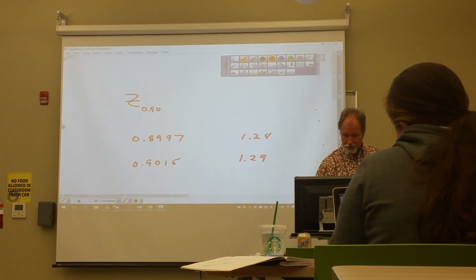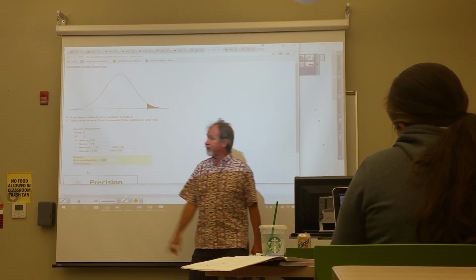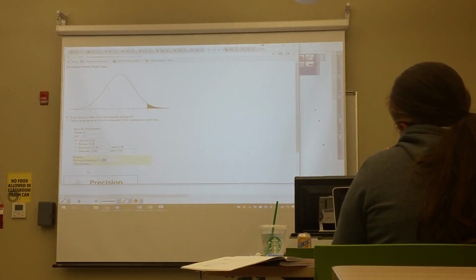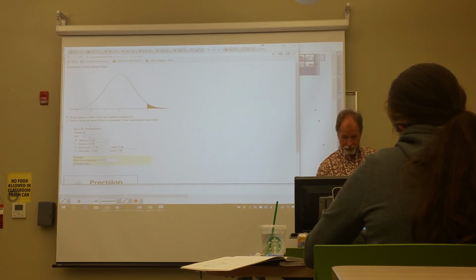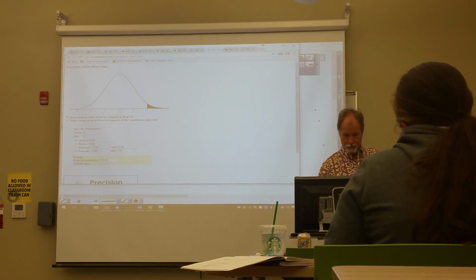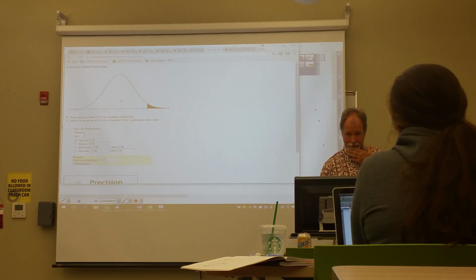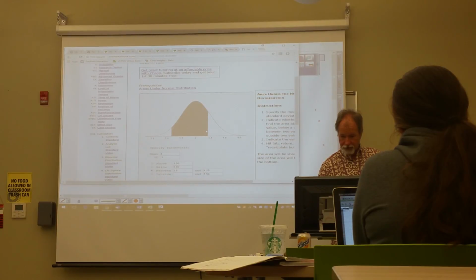Well, I can use this thing and say I want to find the area for 0.90. I thought I could do it backwards. Maybe I can't use this table backwards.